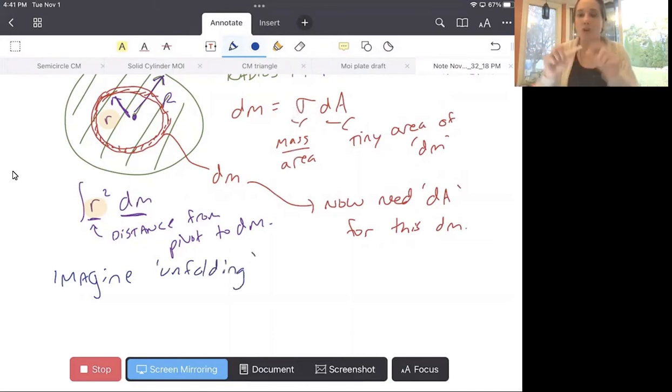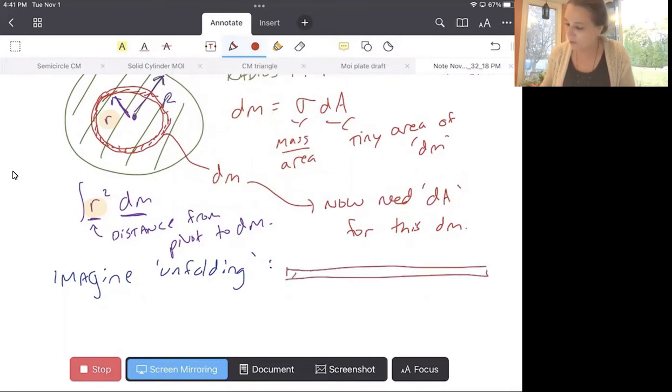If I have a circle, you're going to undo it and lay it flat. So I'm unfolding this dm so that it goes from a circle to a line. I've taken my circle and made it go straight into a line.